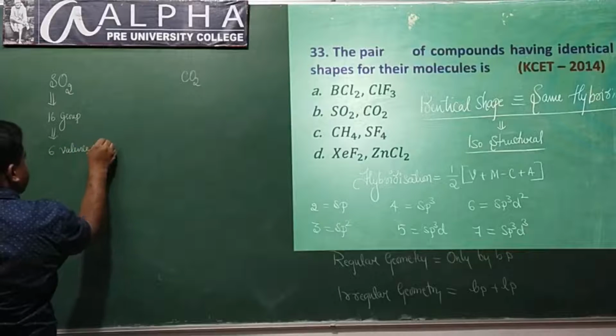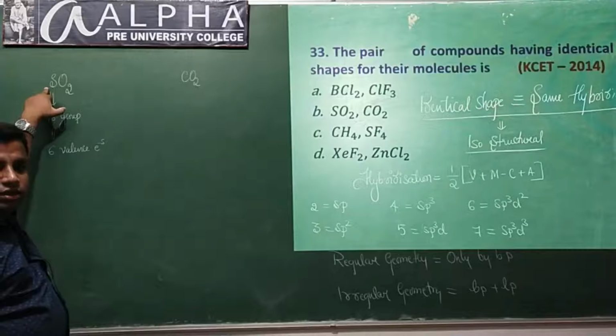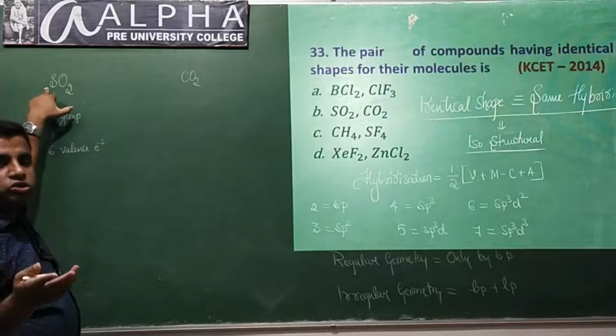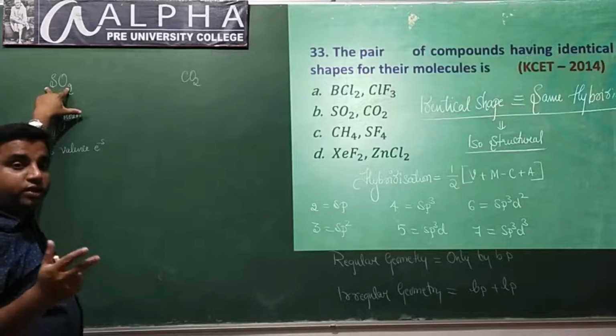Out of 6 valence electrons, sulfur has used 4 valence electrons to form bonds with 2 oxygen atoms, because there will be a double bond between sulfur and oxygen.